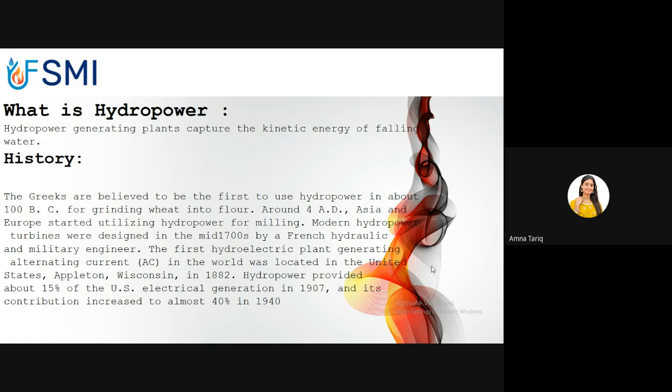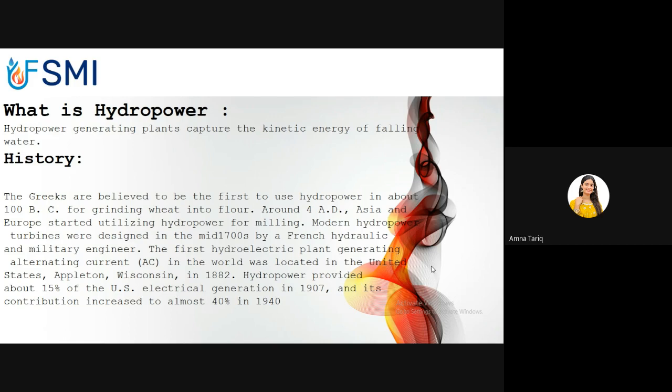Okay, what does hydropower mean? A hydropower generation plant captures the kinetic energy of falling water. History of hydropower. The Greeks are believed to be the first to use hydropower, in about 100 BC, for grinding wheat into flour. Around 480, Asia and Europe started utilizing hydropower for milling.